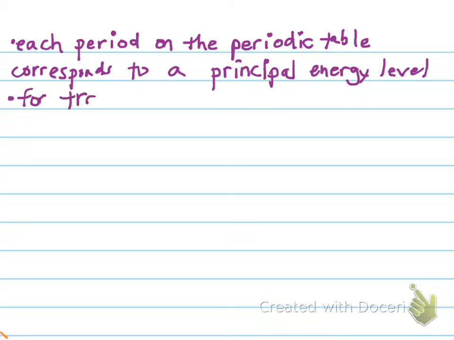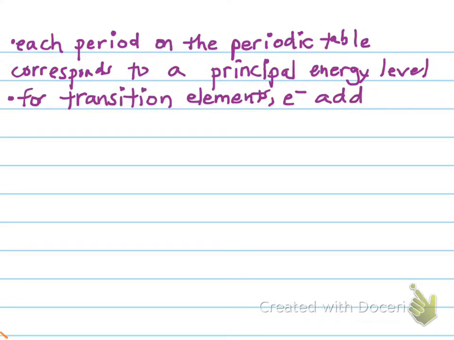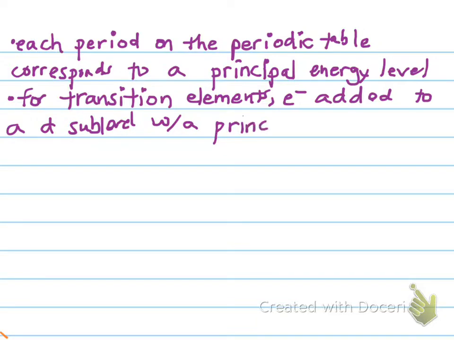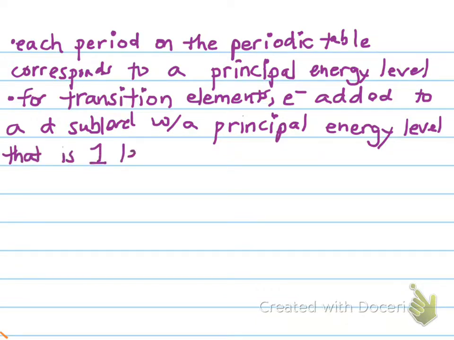For the transition elements, the electrons are added to a D sublevel with a principal energy level that is 1 less than the period number.